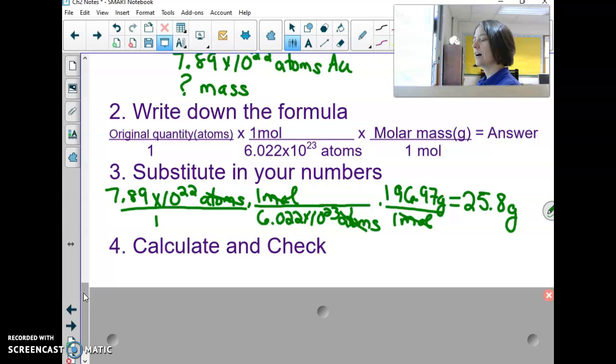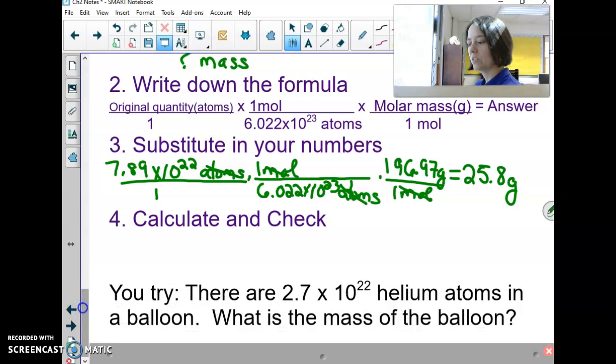And so, do I have a number that's about 20 grams? And I do, 25.8. And 25.8 isn't that heavy, so that seems reasonable for our golden ring.